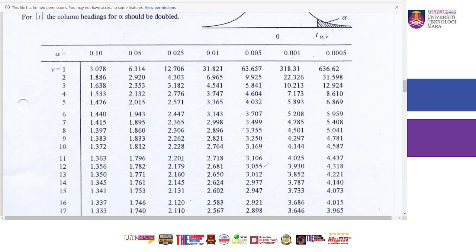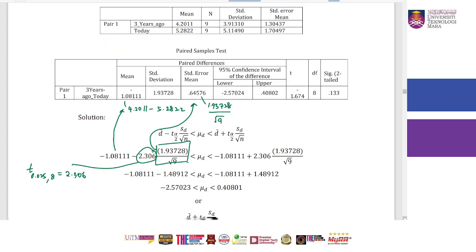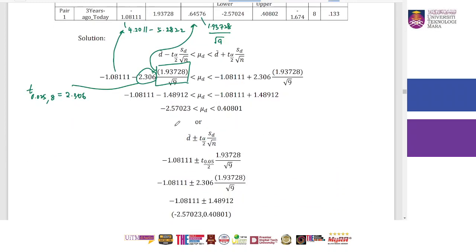Okay, so substitute the values in the formula. You get the interval to be between -2.57 and 0.408. So in this situation, kalau you perhatikan, nilai dia adalah antara -2.57 dengan 0.408.